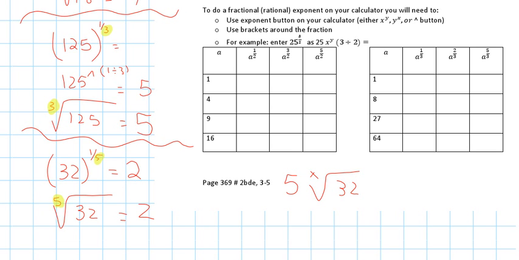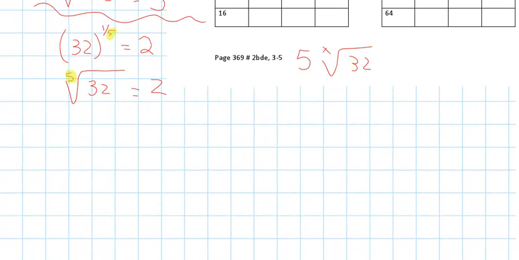Try another one. Let's see, 64. What's 64? 2 to the power of 6. Okay, so let's try this. 64 to the power of 1 over 6. What do you get? 2.